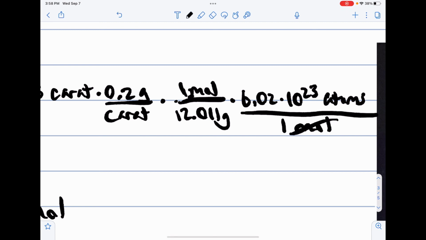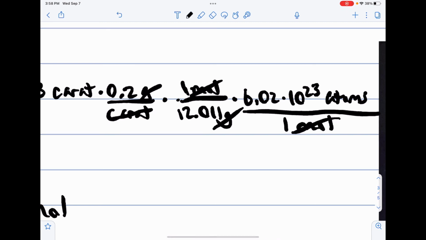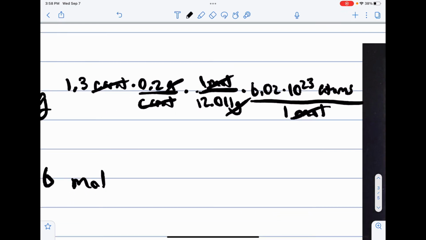And we cross out the units. So you can also do it this way, all at once, instead of step by step, like I did before.